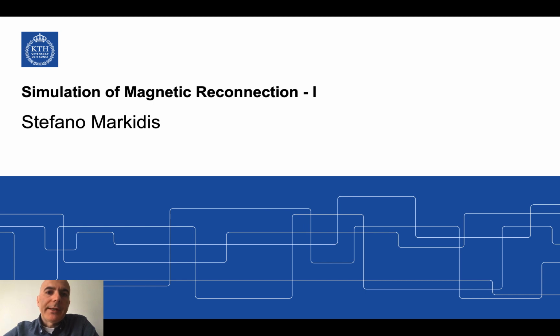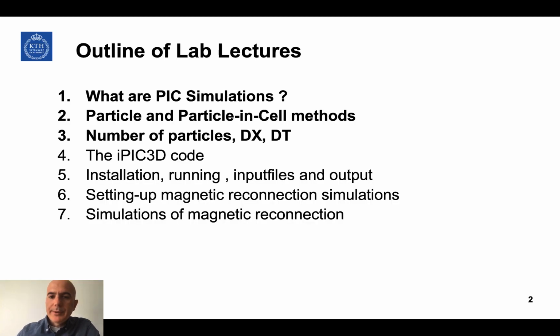This is the first lecture that I'm going to give about simulating magnetic reconnection with particle-in-cell codes. I want to give you a brief outline of the lecture that we will need in order to perform the lab associated with this course. In this lecture, I will focus on the first three points of this list.